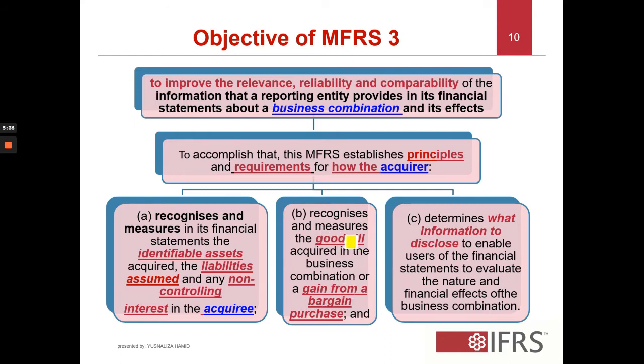This is the objective of MFRS 3, where you will learn how to calculate goodwill and know the concept of goodwill as well as gain from a bargain purchase. You will also be able to determine, as guided by MFRS 3, what information needs to be disclosed so that users are able to evaluate the nature and effects of the business combination.